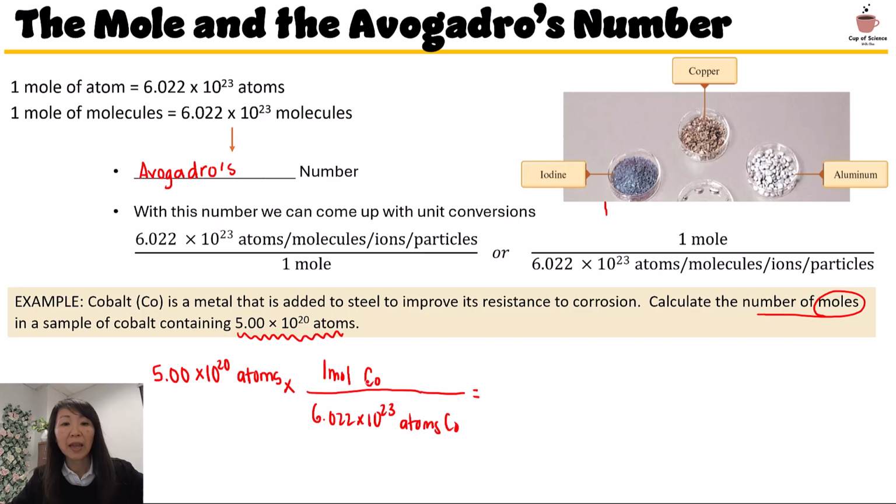Why did I choose the second one? Because we want the atoms to be on opposite ends so they can cancel. If they're both on top of each other, we can't cancel them out. So we have just moles of cobalt as a unit left over, and that's a good thing because we want moles of that sample.